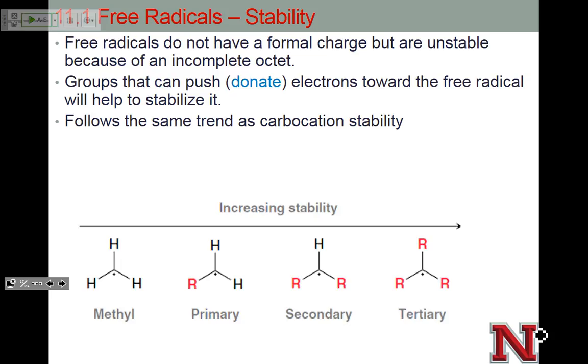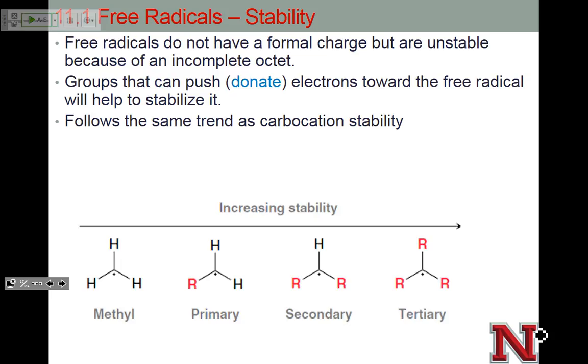exactly like our, well, we won't say exactly because these are more stable than carbocations, but as far as our trends, the trends are the same as carbocations. Because R groups are electron donating through induction, the more carbon groups we have, the more stable. So methyl radicals aren't very stable, primary are more stable, secondary even more, tertiary are the most stable radicals that aren't being stabilized by other things like resonance.